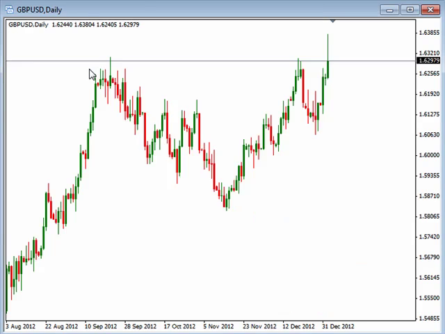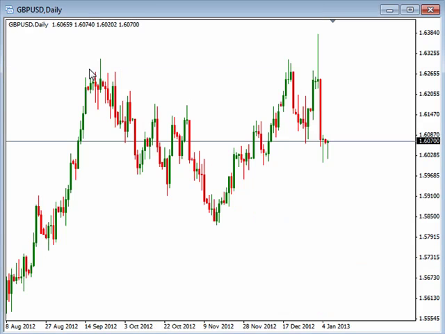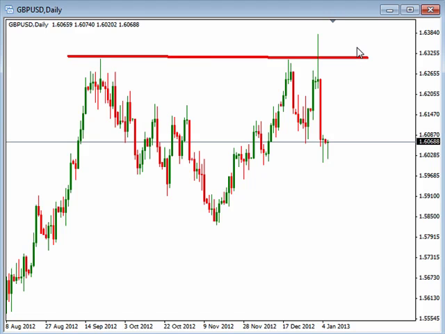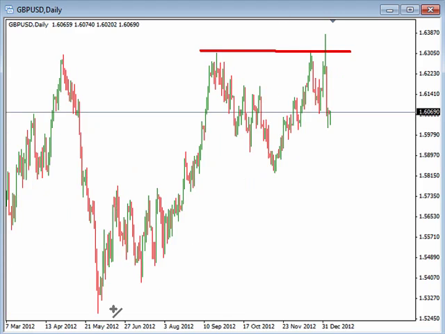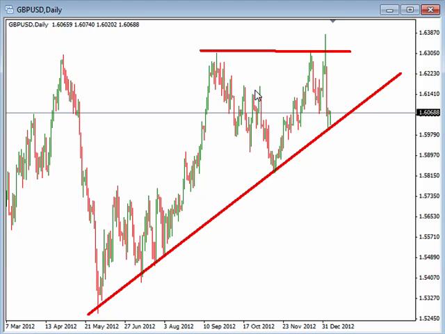Pound dollar. Pretty volatile over the last little while. We can look again for our areas of resistance. Go out here a little bit further to see if we can see our trend line. Yeah, so we can, got a pretty strong trend line. We're sitting on that right now.